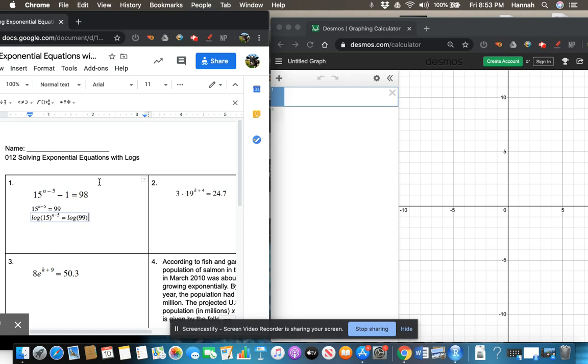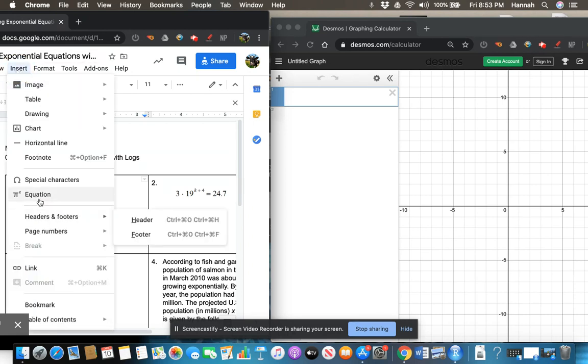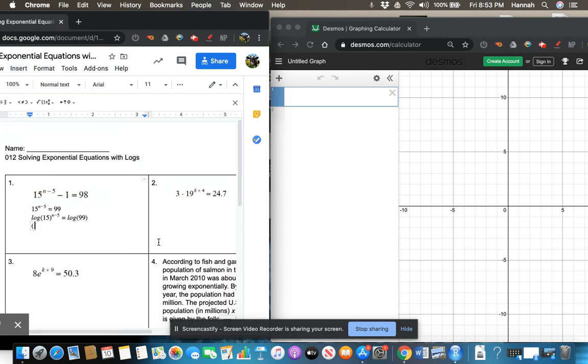One of our logarithm properties said this: if I have an exponent sitting right here, then that's the same thing as taking it and distributing it to the whole expression, log of 15. So my very next step would be to take the exponent and swing it down front. So now what I have is n minus 5 times log of 15. And that's a heck of a lot easier to work with.